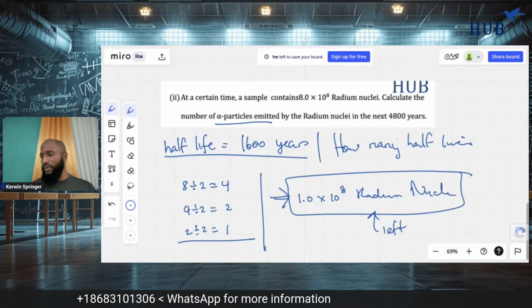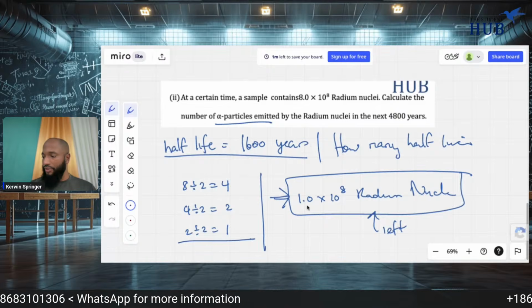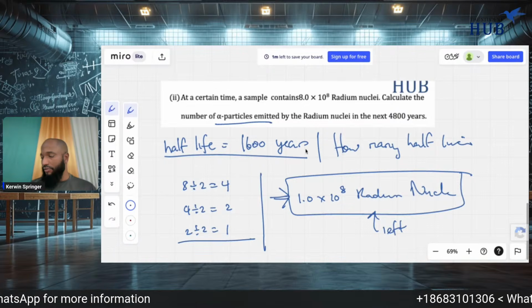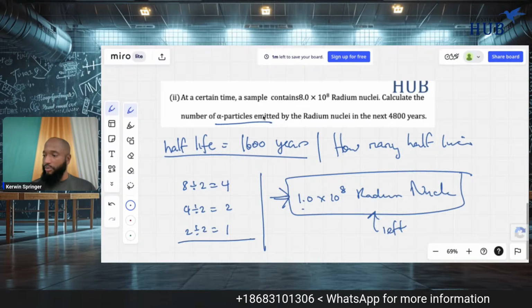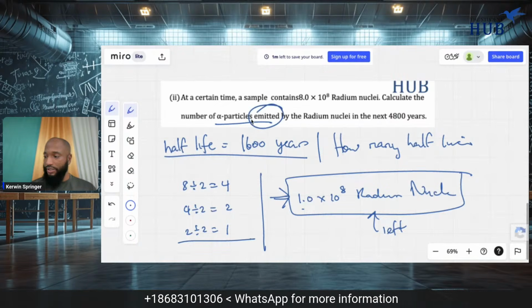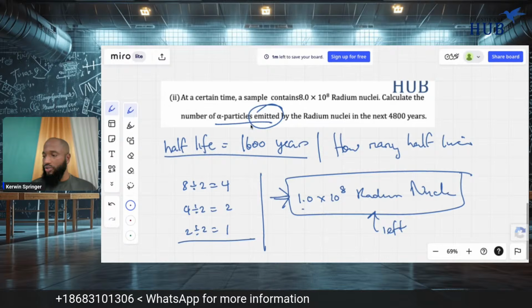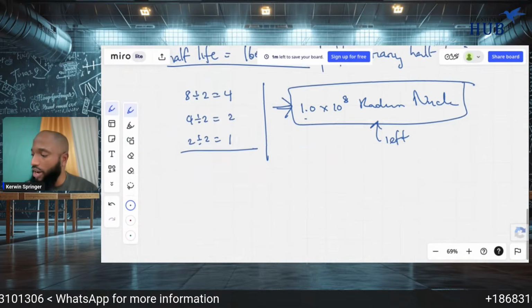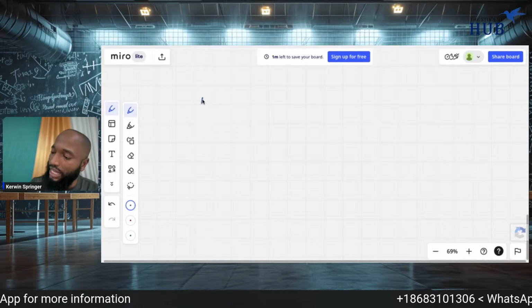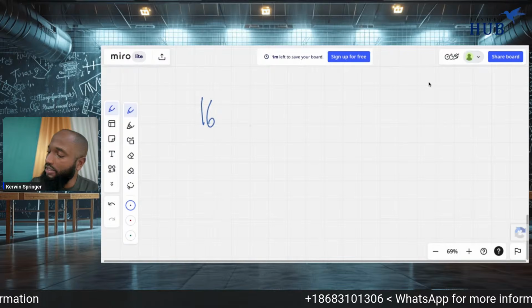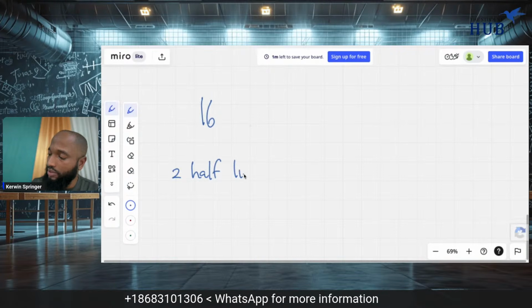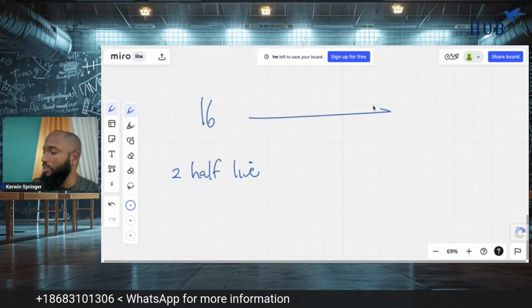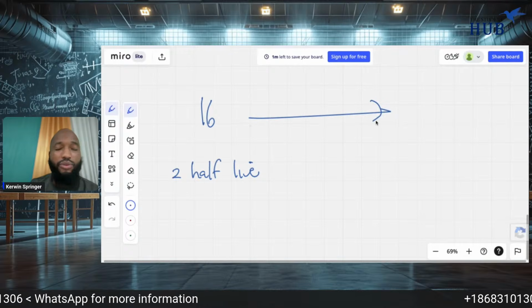So half, half, half. We're on 1 right now. This is how much is left. But they wanted how much was emitted. Everybody understand? So let's just do a generic number. Let's say it started off at 16 and 2 half-lives pass. How many radioactive atoms will you have right now?